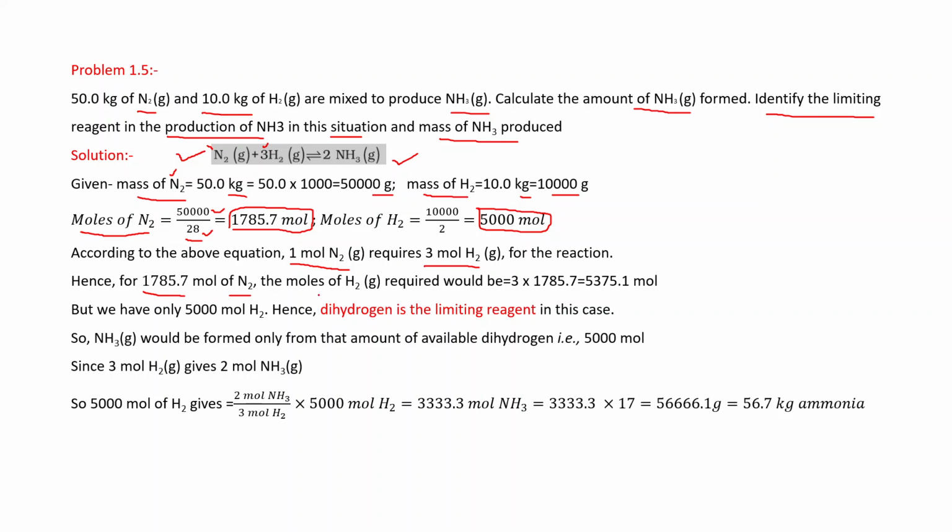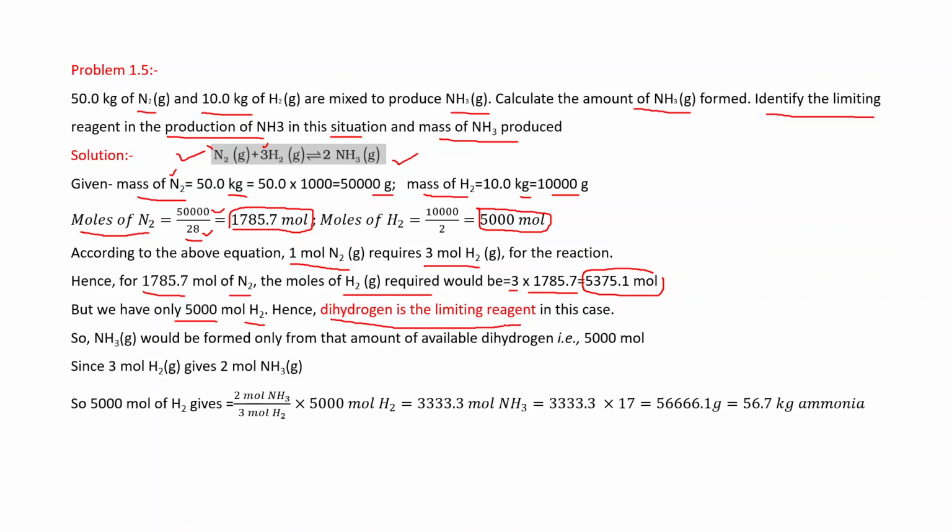So multiply 1785.7 by 3, and you will get the number of moles of hydrogen required: 5,357.1 mole. But we have only 5,000 moles of hydrogen. That's why we can say dihydrogen is the limiting reagent.